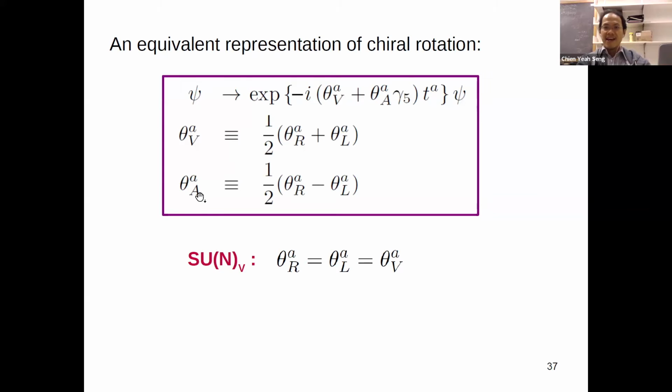While for theta A, someone may call it an SU(N) A transformation, but that's not rigorous because the axial rotation does not form a group because it's not closed. So we can only talk about chiral symmetry group and also vector symmetry group, but we cannot talk about an axial group because that doesn't exist.